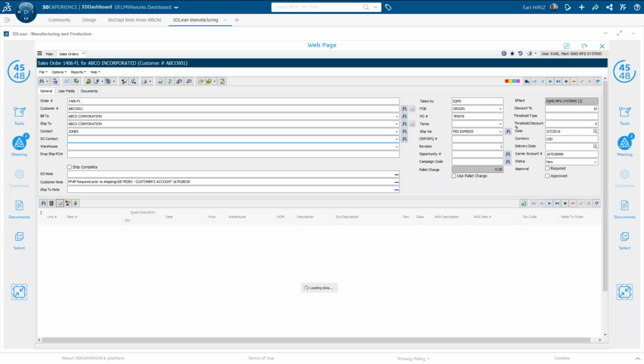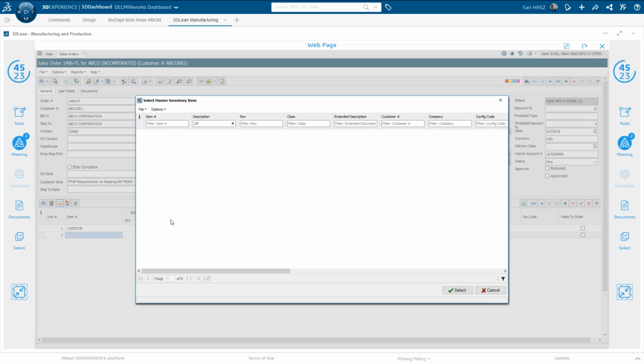And as we're doing this, the system is, again, going back to the same database that production was interacting with. Now the customer service representative is looking through this, and perhaps I've received a call from Abco looking to add another order for these calves, right?